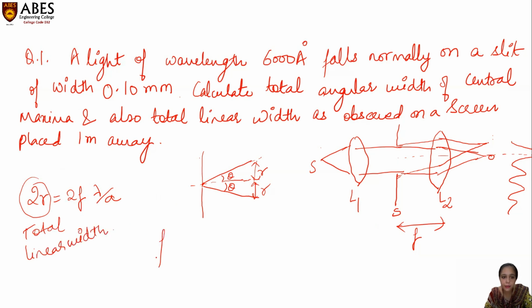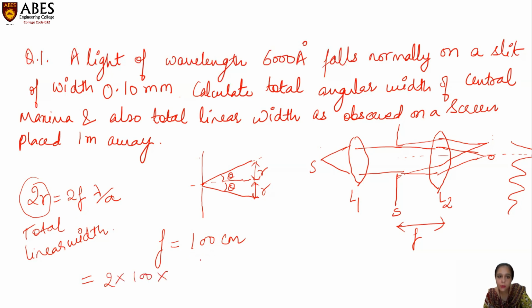F here is given as 100 centimeter. It is given 1 meter. We are going to convert it because our width is also in millimeters, so we are going to convert them to centimeters. So in this case, 2R is given by 2F lambda by a. F is 100.